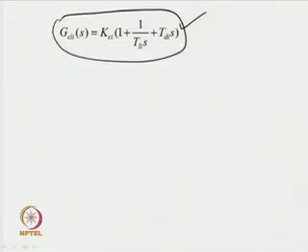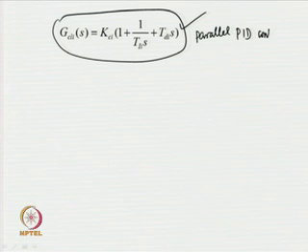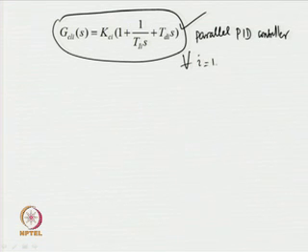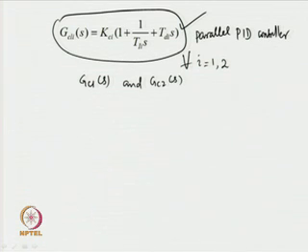This is a parallel PID controller. So, depending on various values of i, for all i equal to 1 to 2, we shall have 2 controllers for the TITO system. So, the 2 controllers would be GC1(s) and GC2(s). These are the feed forward path controllers.